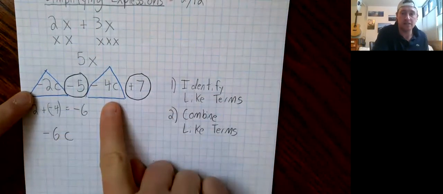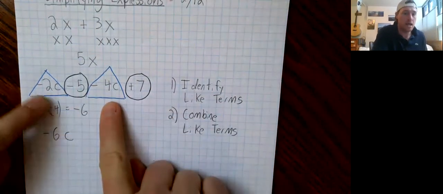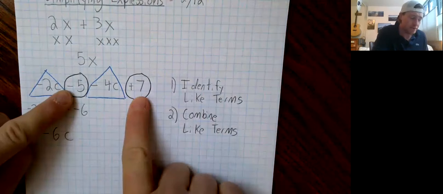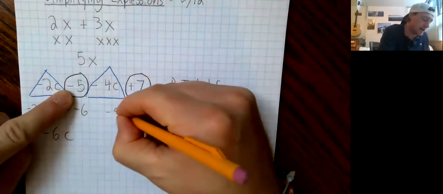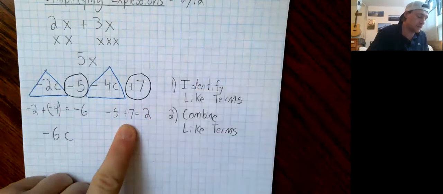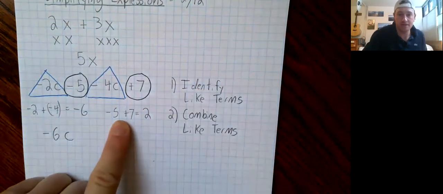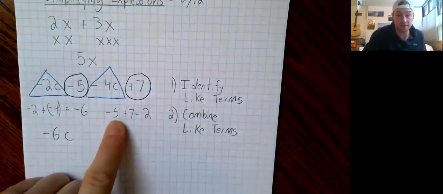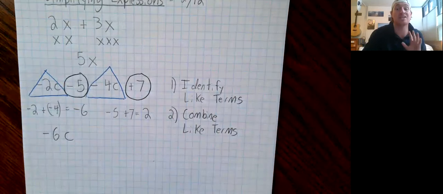I've combined these together. Okay, and over here, I need to combine these constants. I got a negative 5 plus 7. We know that that is positive 2. My signs are different, so I found the difference. I got more positives than negatives. Okay, so there's going to be a lot of skills that we've gone over this year in today's exercise, including adding and subtracting integers.